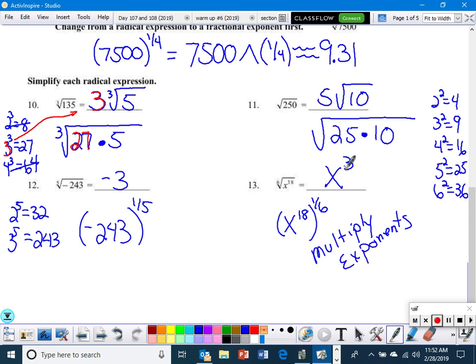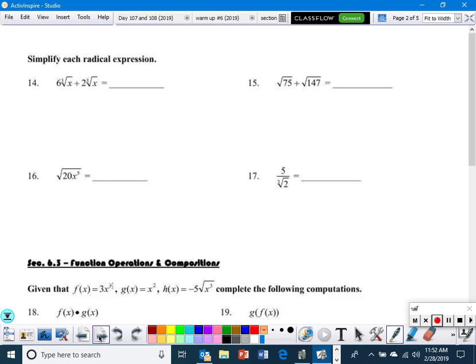All right, let's go to page 2. Simplify each radical expression. So we have a plus sign in between. So we've got 6 times the cubic root of x plus 2 times the cubic root of x. So these are the same.